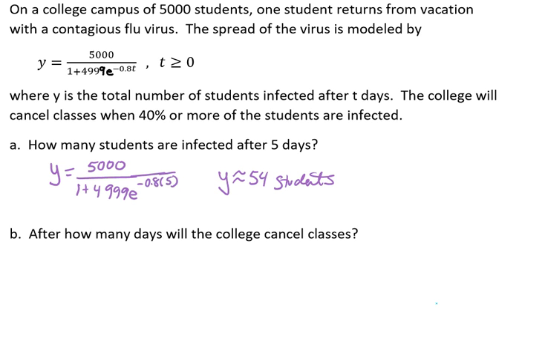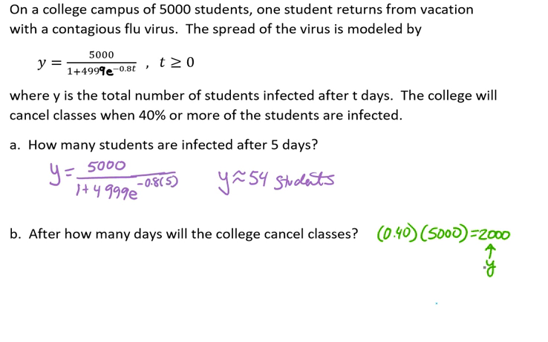Our next question becomes, after how many days will the college cancel classes? At first we're going to calculate what that means. Remember that it's a college campus of 5,000 students, and they'll cancel when 40% or more of the students are infected. So that's 0.40. If I take my rate times how many students, that comes out to 2,000 students.